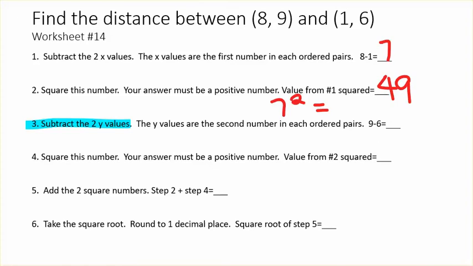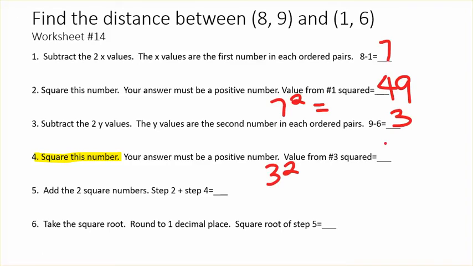In step 3, we subtract the y values. Y was the second number in each ordered pair. So 9 minus 6 equals 3. We take our value from number 3, which was 3, and we're going to square that.